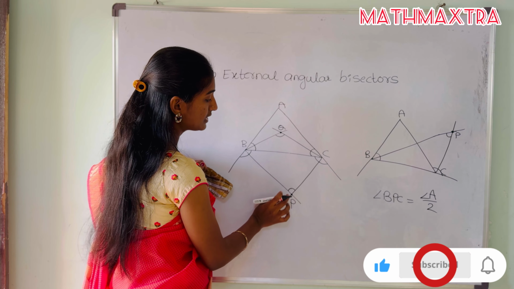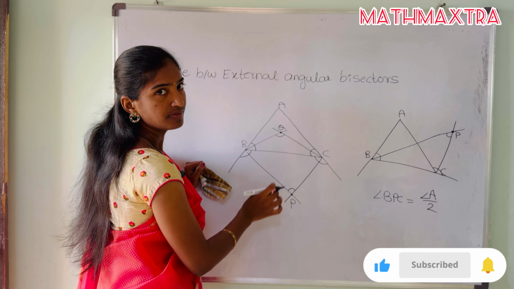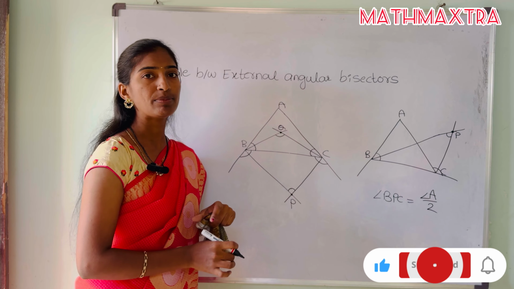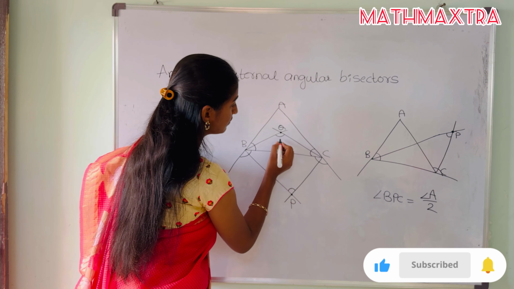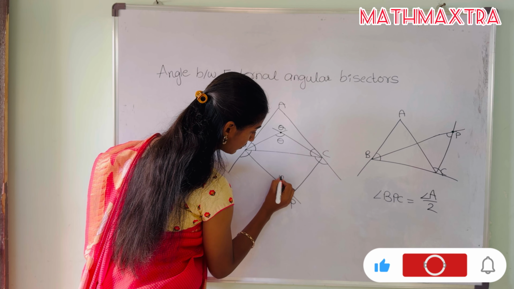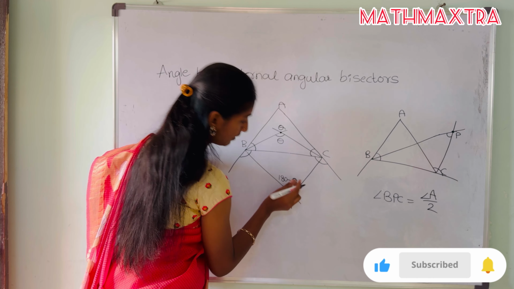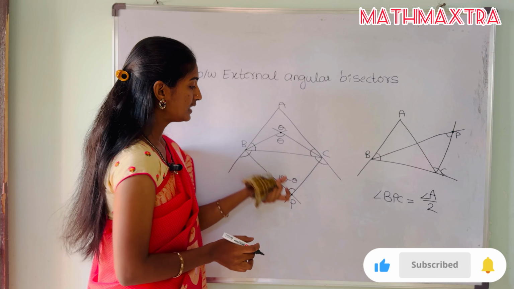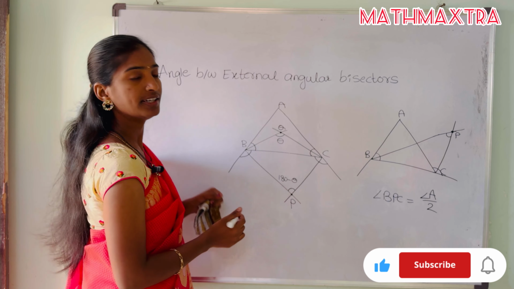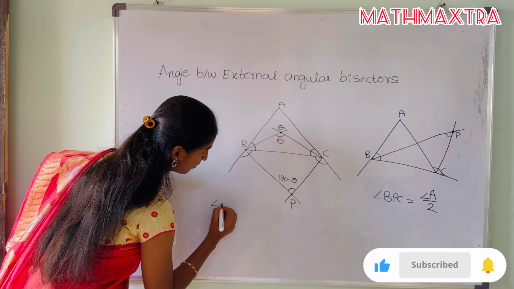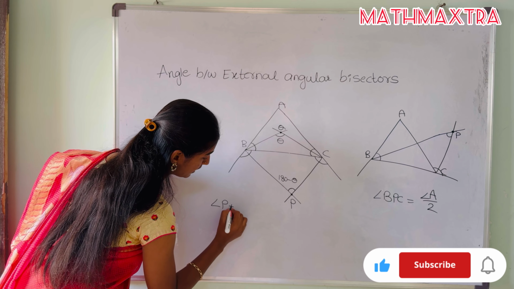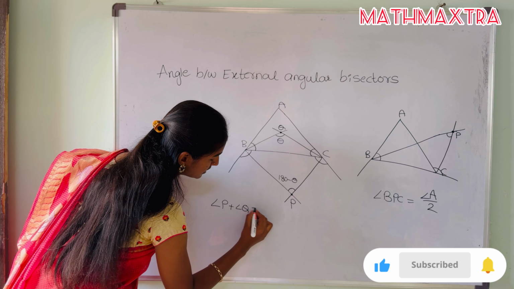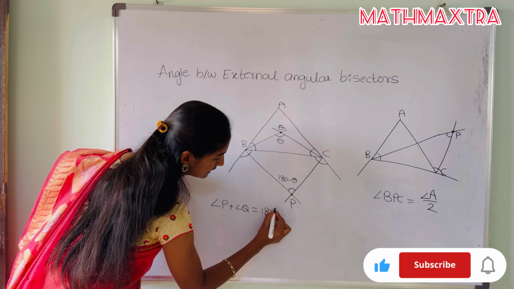So what is the relation between P and Q? These two are always supplementary to each other. If this is theta, this is 180 minus theta. Because P and Q are supplementary, angle P plus angle Q is equal to 180 degrees.